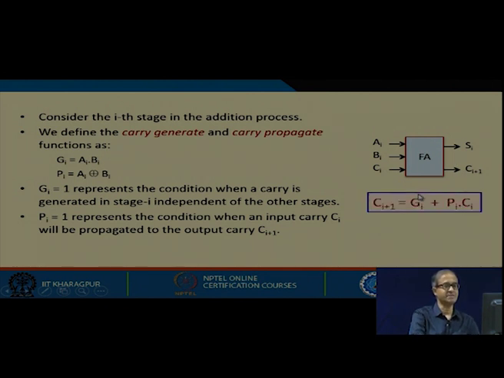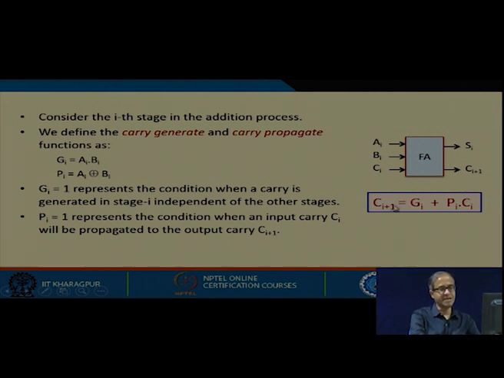We can write the carry output will be 1 if either a carry is generated or the propagate function is true and there was an input carry. So, if either of these two things are true, then Ci plus 1 will be 1. So, I can simply write down the expression for this Ci plus 1 in terms of gi and pi like this.